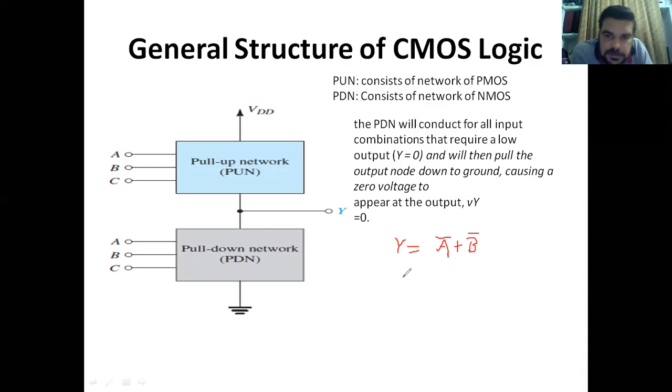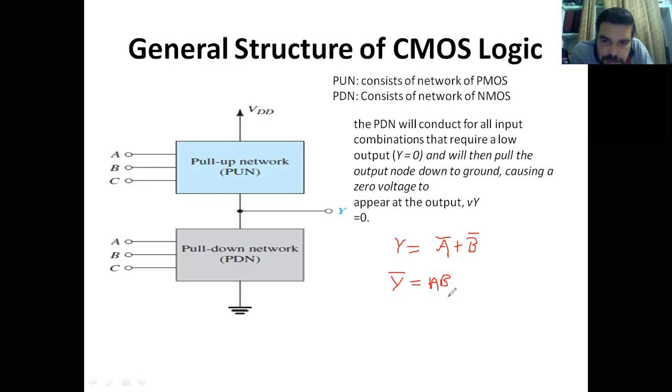Suppose this is the logic, or let's consider another example, that is Y bar equals AB. Here you can see that if A and B are both high, meaning both are 1, then Y bar will be equal to 1, so Y equals 0.